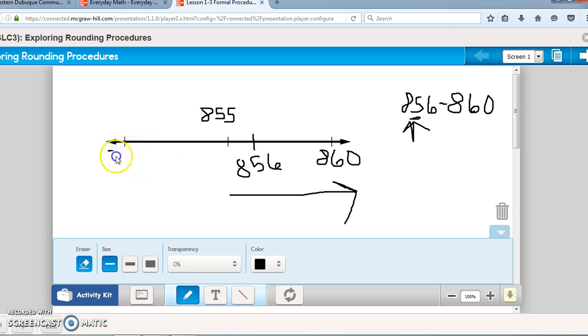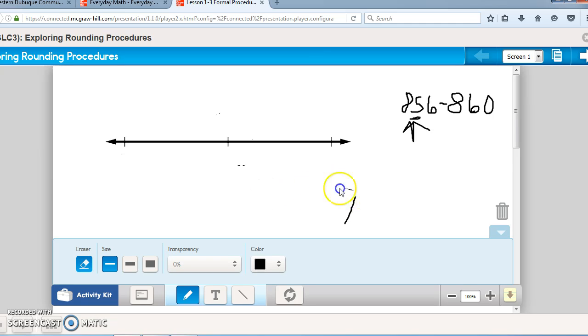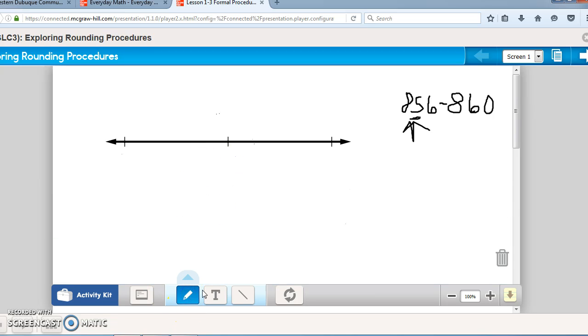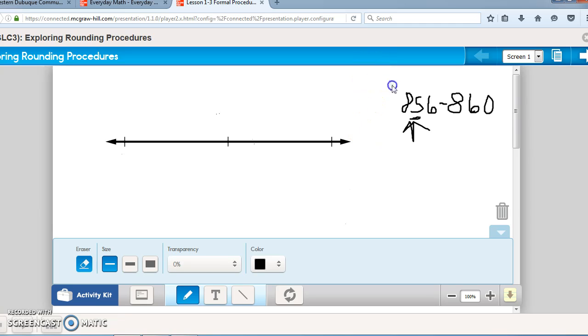Now, let's look at the other way it was figured. The next person looked at the number and saw the 856, but instead of looking at the tens place, they looked at the hundreds place.